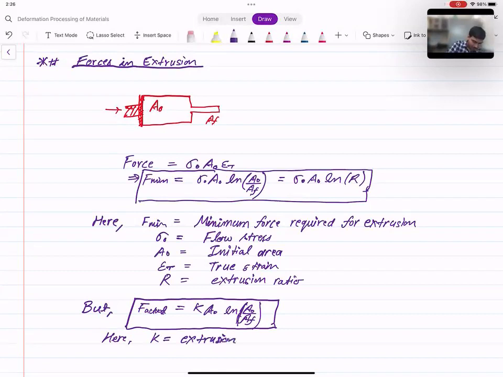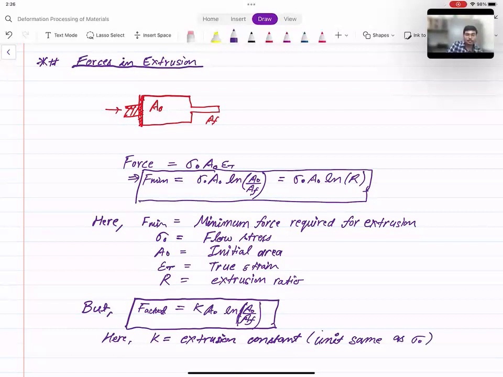It has the same unit as that of stress or flow stress, the unit is same as sigma.